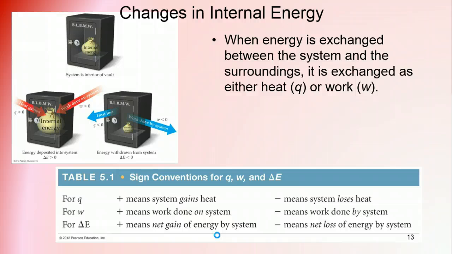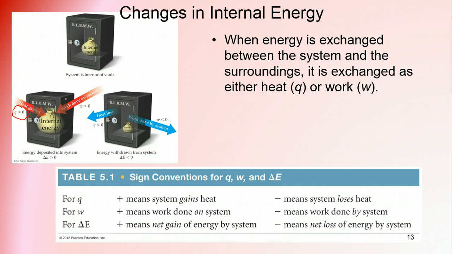Let's take a look then at how heat and work correspond with these signs that we just talked about for change in delta E. So when energy is exchanged between the system and the surroundings, it's exchanged as either heat or work. You can see from these different depictions here with this vault, if Q, for the system, is greater than 0, that means the system is gaining energy via heat.